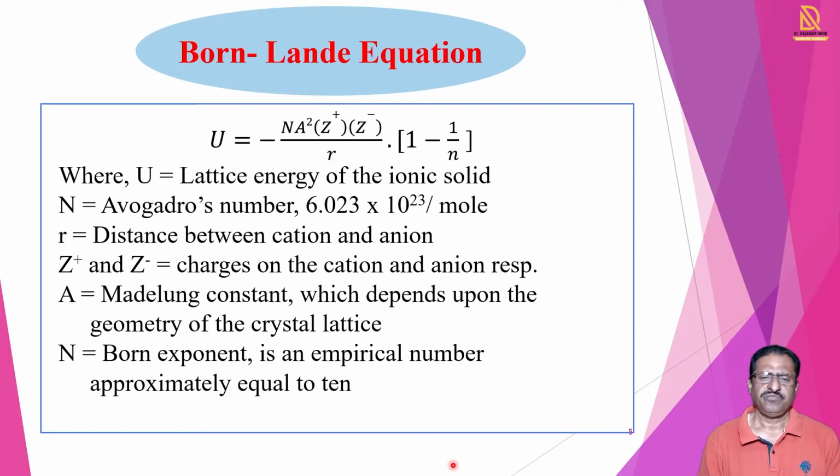Then A is one constant, the Madelung constant, which depends upon the geometry of the crystal lattice. Then n is one constant called the Born exponent. The value of this Born exponent is calculated, and for atomic number 10 or neon configuration, the value is near 10.